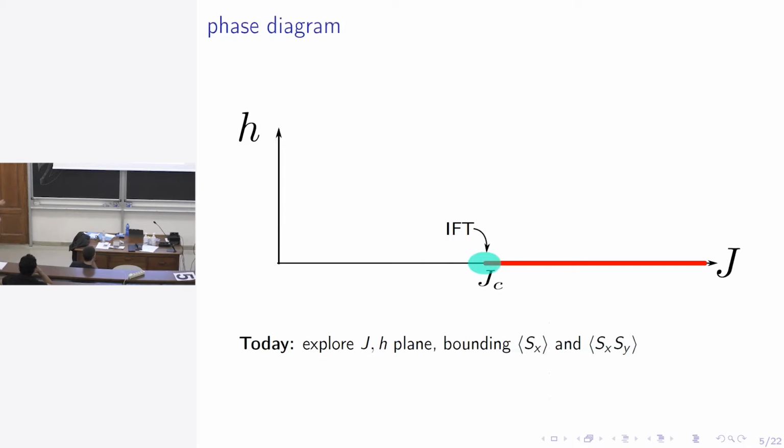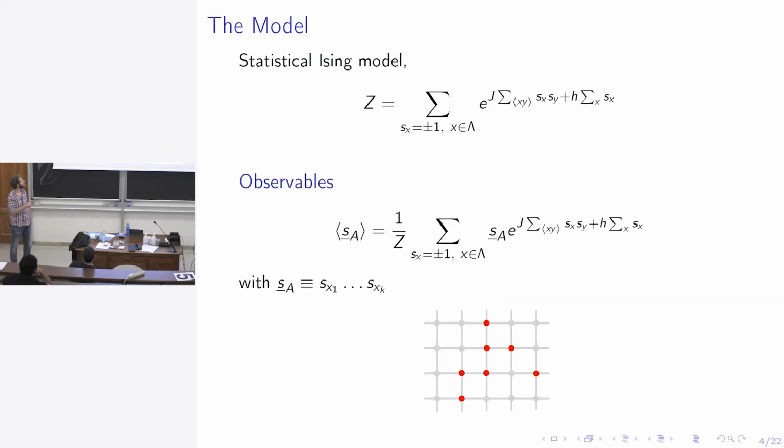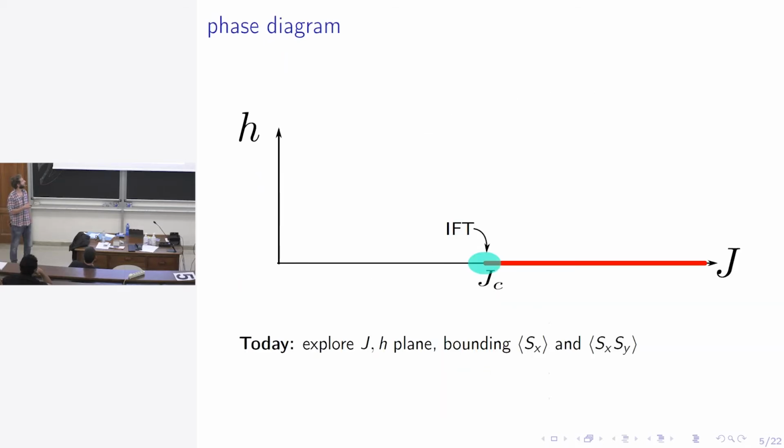So the expected phase diagram for such a lattice model looks more or less like this. Here we have a critical point where we have the Ising CFT that all of you know very well. This is the H and J plane. After the critical point, we have here a first order phase transition. So we'll have a spontaneous magnetization on this line.